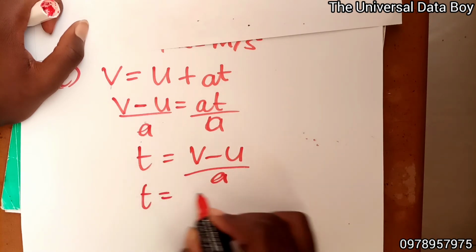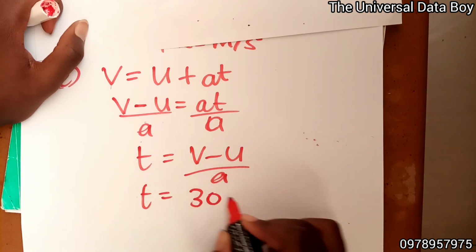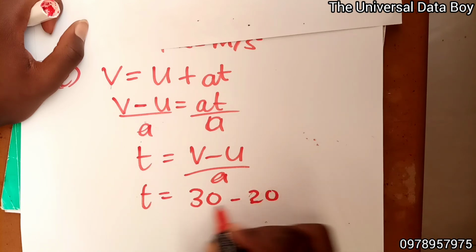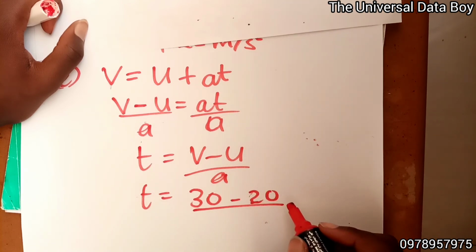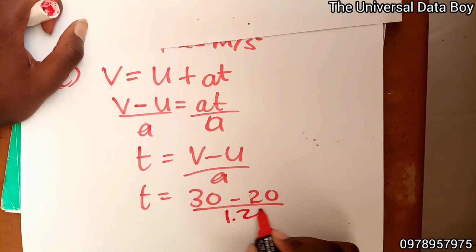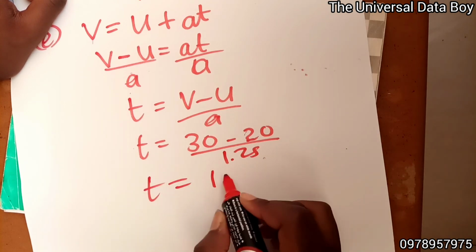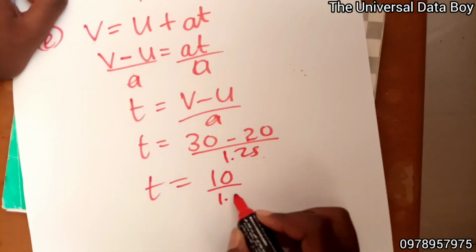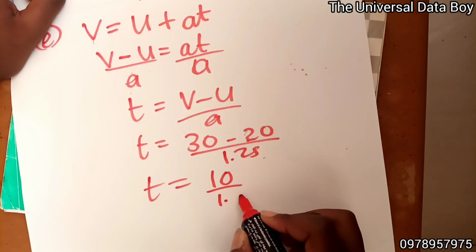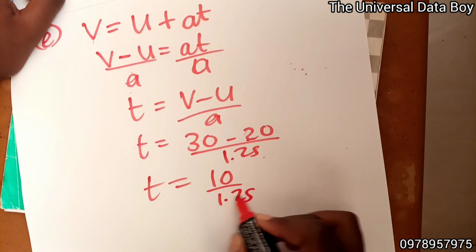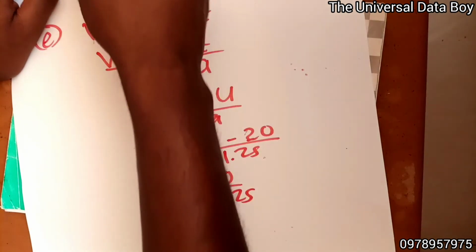So t is going to be equal to, our final velocity is 30, our initial velocity is 20, and our acceleration we found, 1.25. t is equal to 10 divided by 1.25.